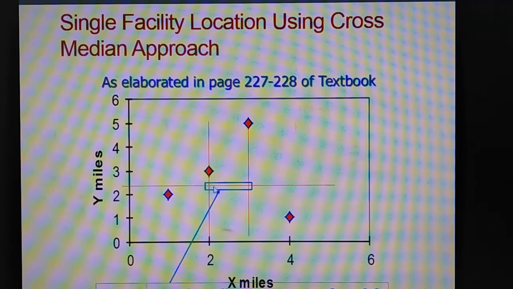If you look at this position, it is quite short to go to company 2, and quite short also to go to company 1, and just slightly farther to go to company 4, and just slightly farther to go to company 3.